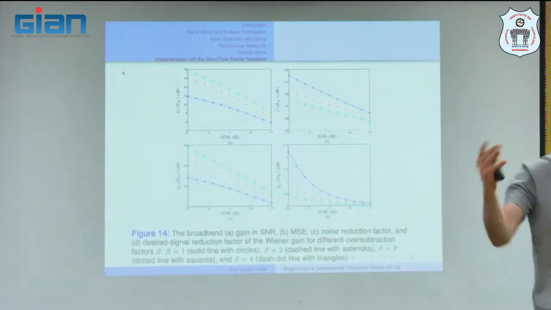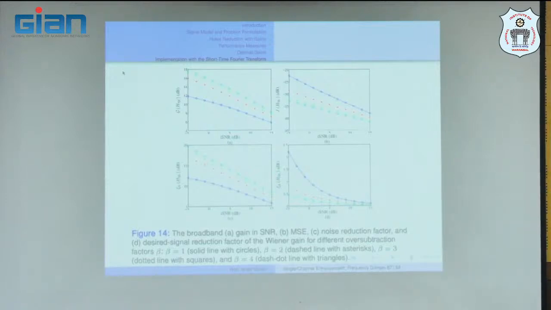All things are connected. You see? When you understand these things. Okay, so because we suppress noise in the lower SNR components, we necessarily, when we increase the noise reduction factor, increase also the output SNR.